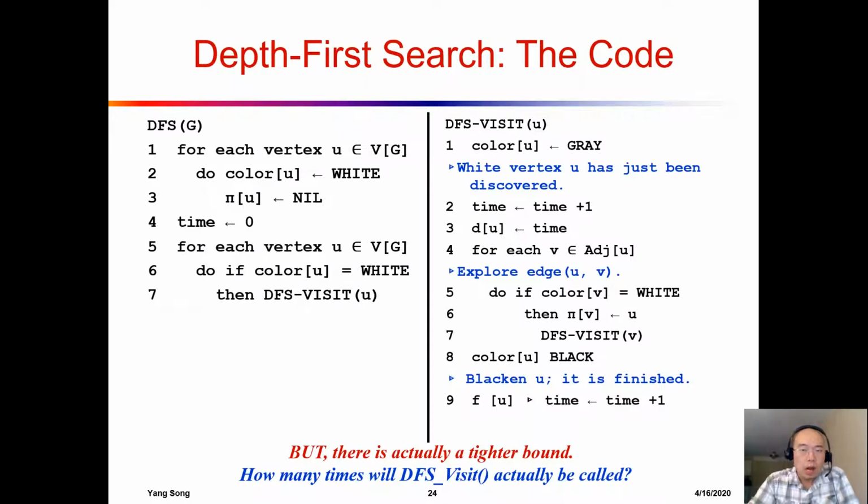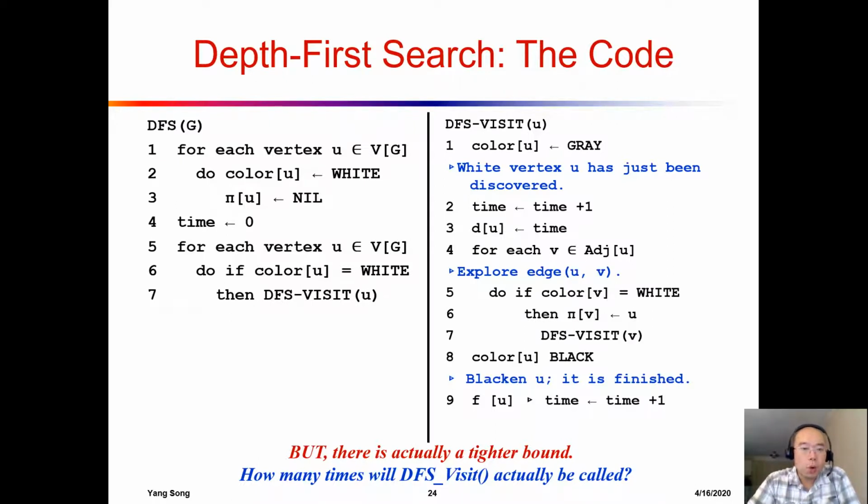To figure out the tightest bound, we can try to figure out how many times we are going to visit each edge and each DFS visit. For the DFS visit, we are only going to call that on each of the white nodes, right? So if we see a black node or a gray node, we won't call that anymore.